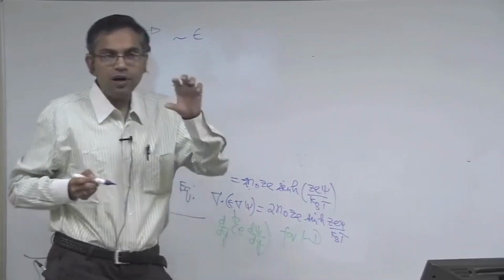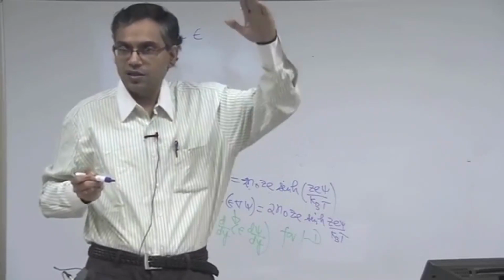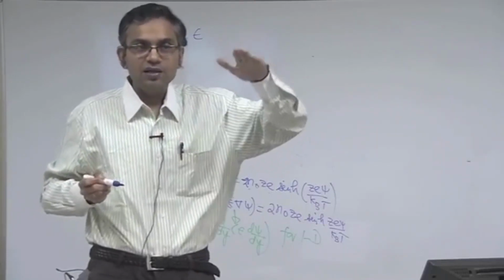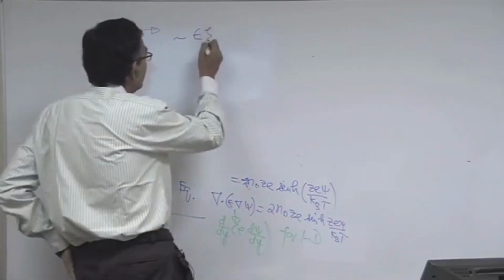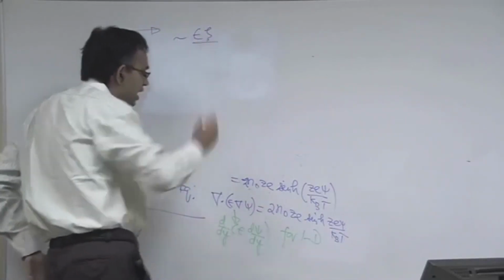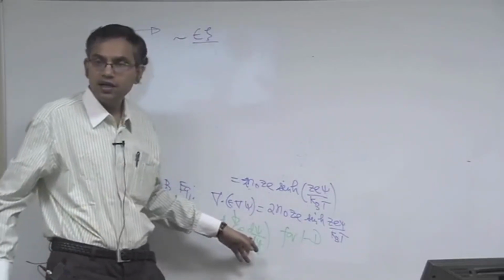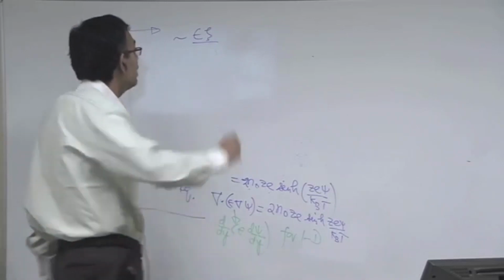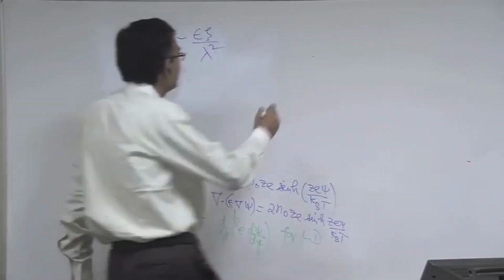We are talking about the variation of psi from the shear plane to the bulk. At the shear plane it is the zeta potential. So psi zeta divided by the characteristic length scale of the EDL, that is the Debye length lambda. So epsilon zeta by lambda square.